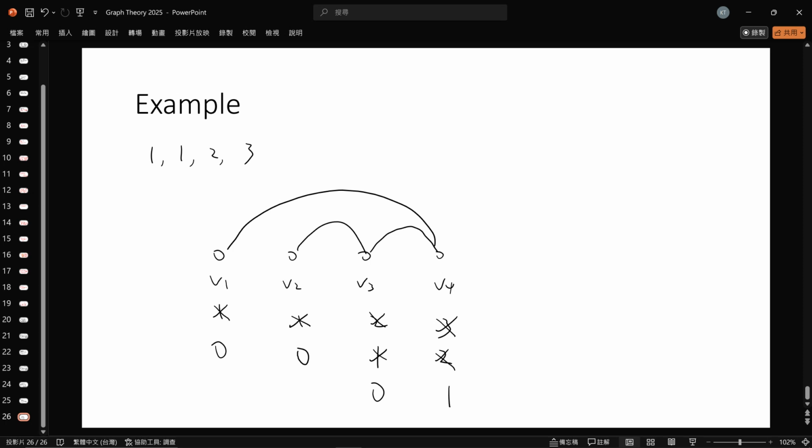This time the degree sequence is 0, 0, 0, and 1. So when we pick V4, you can see that we need to add one neighbor, but it is impossible because all the other 3 vertices have target degrees 0. So not graphical.